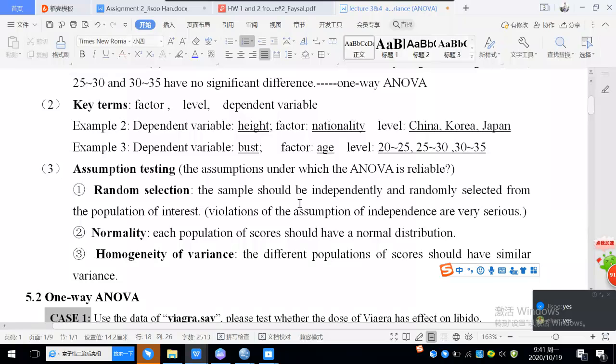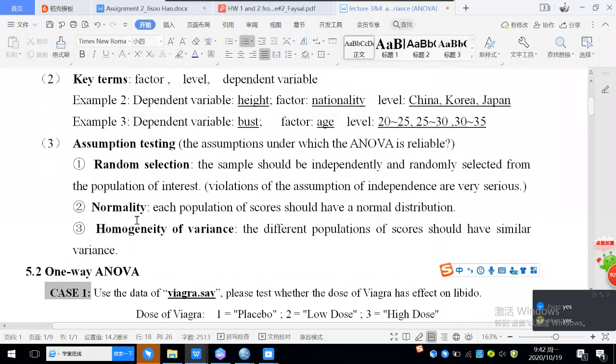Also, each population of scores should have a normal distribution. That means the people's height from China, from Korea, and from Japan are all normally distributed or close to normal distribution.